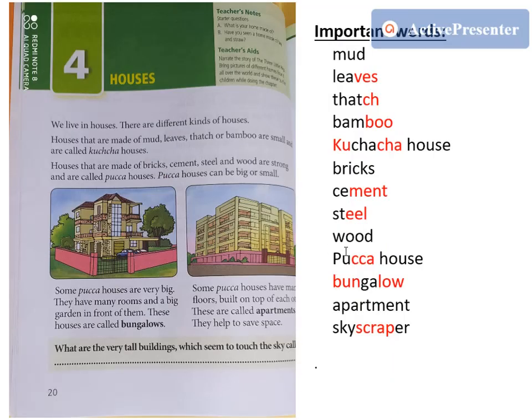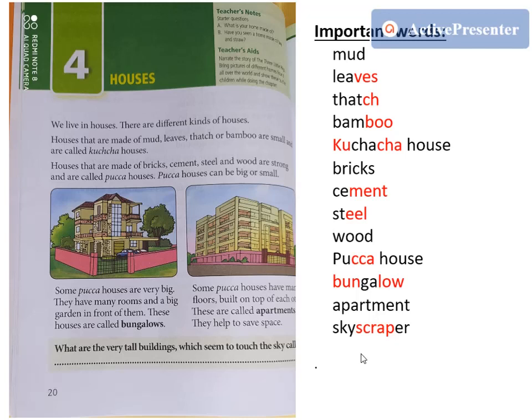You got the book? Now open lesson number 4, Houses. Pause the video and open the lesson. Now let's read. On the screen I have listed the important words from this page.